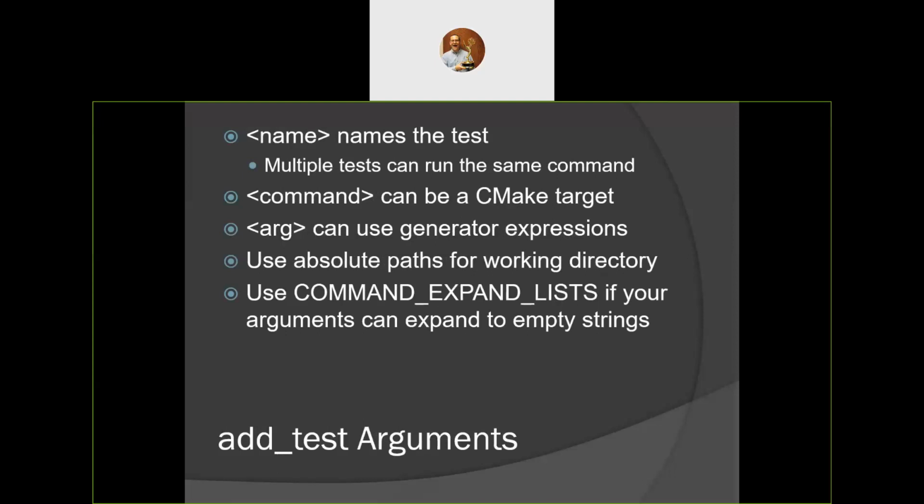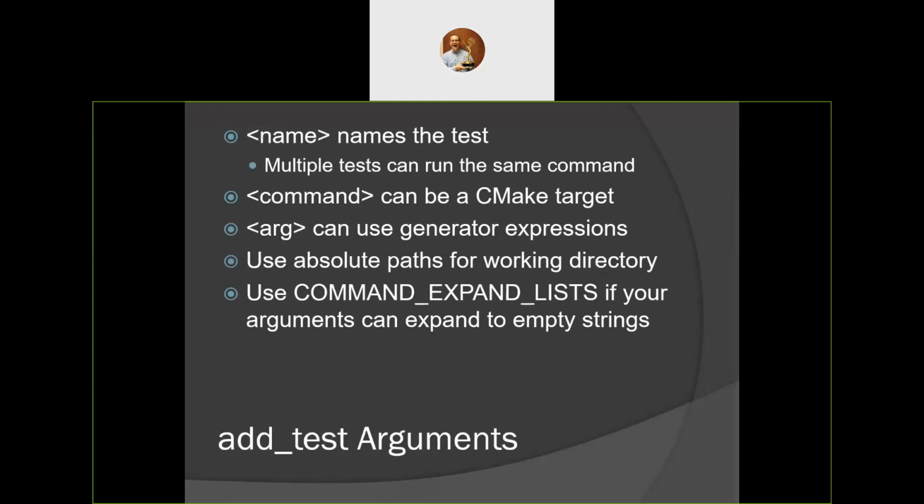So just because you have multiple tests doesn't mean that they all have to run different executables. They don't even have to run different commands, although it would be silly for you to have two different test cases that run the same command. Now the command line arguments can use generator expressions, so you can use special arguments, for instance, if it's a debug configuration only.